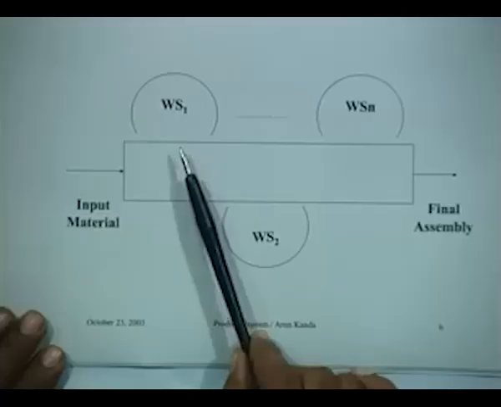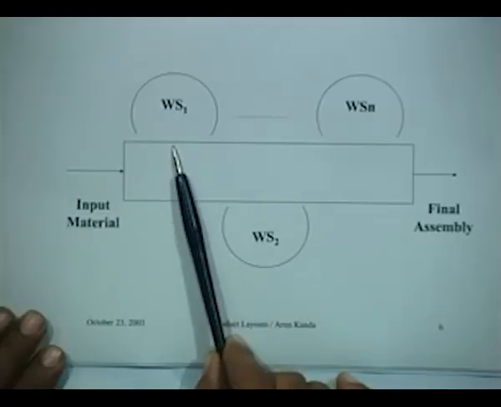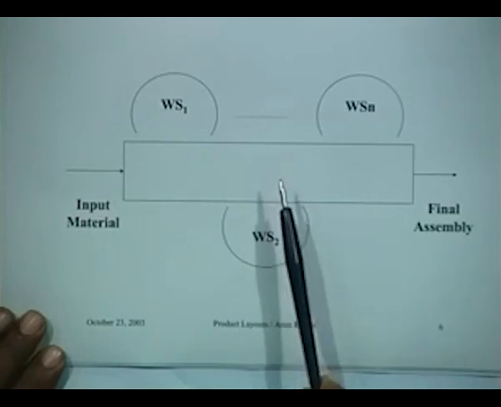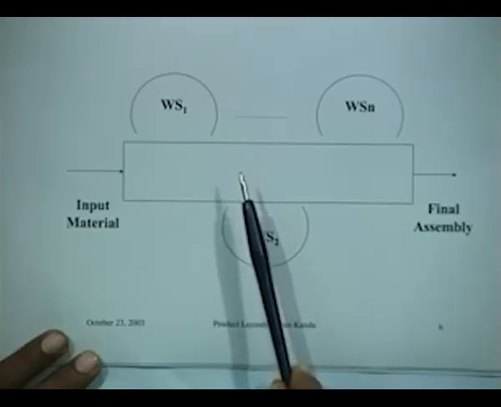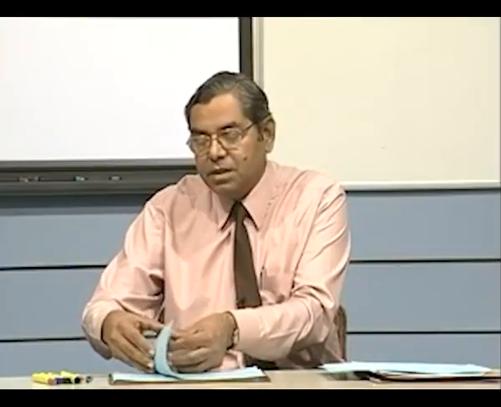But here, some operation is performed on the part and immediately it goes to the next machine, which is waiting for the part with open arms. It welcomes the part and starts performing the operation. So the material handling time involved is considerably reduced in these systems, and that is the reason why these systems are much more efficient in terms of production time. This is what it is.